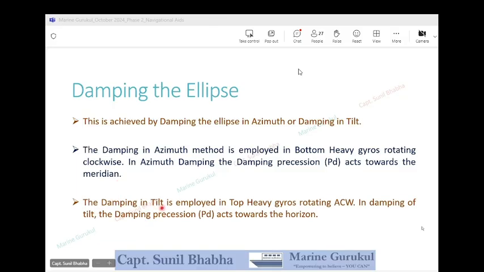Now the damping in tilt, which is the method used in top-heavy gyros. Top-heavy gyros are the ones which are rotating in the anti-clockwise direction when viewed from the south end. Now in this damping, the damping precession, this is the additional force which we have introduced when we dampen the ellipse, PD acts towards the horizon.